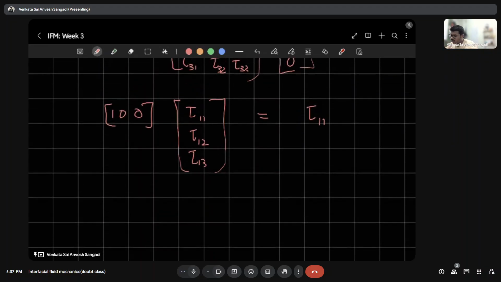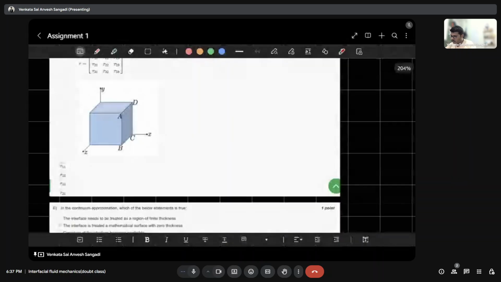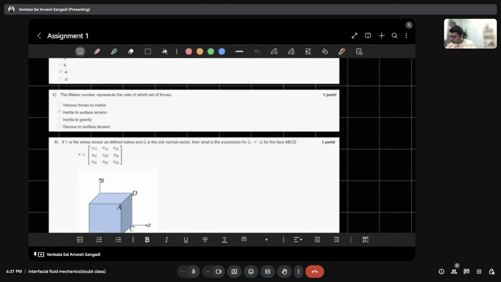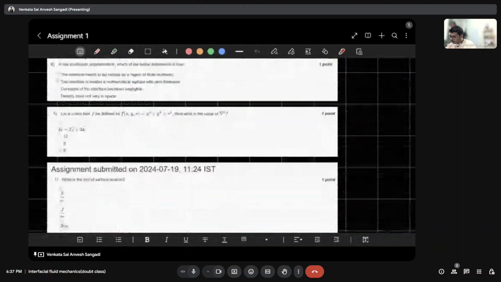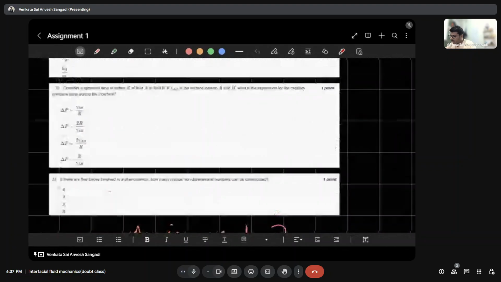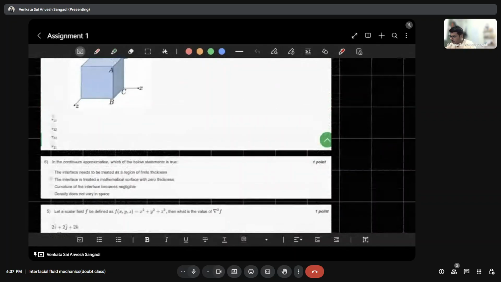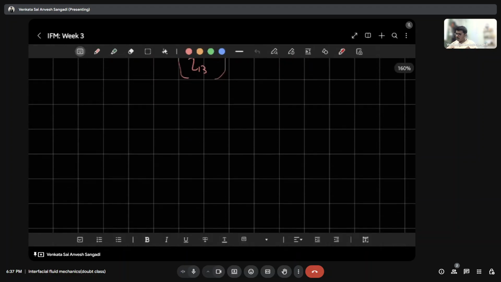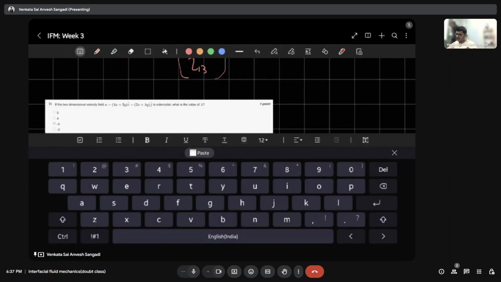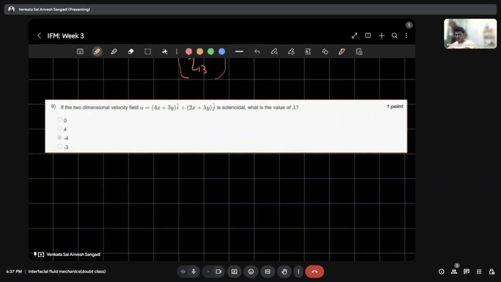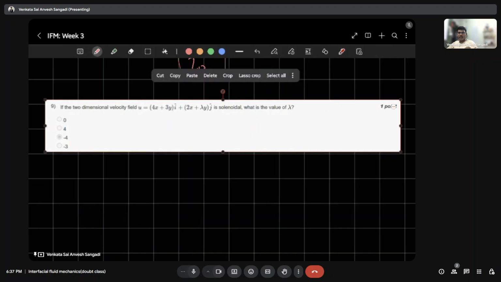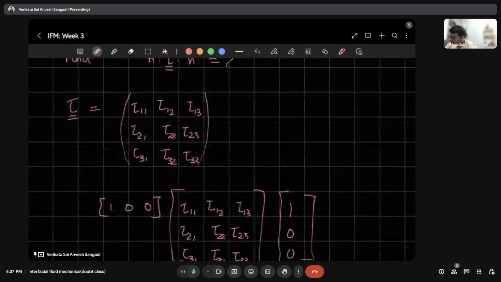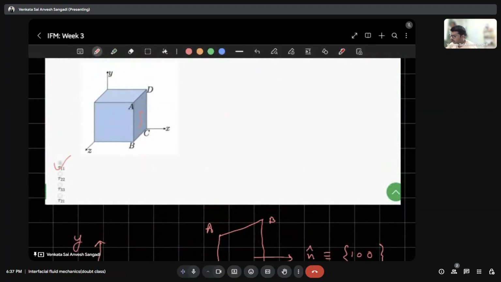Pretty straightforward. So the answer is tau 11.